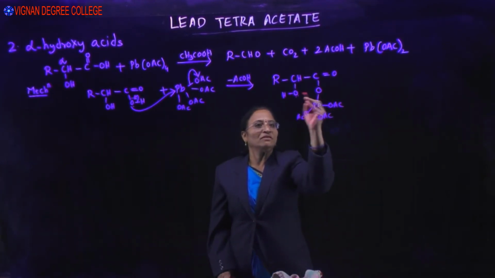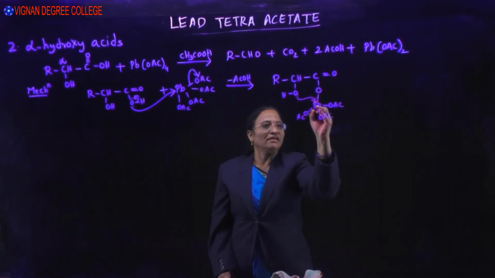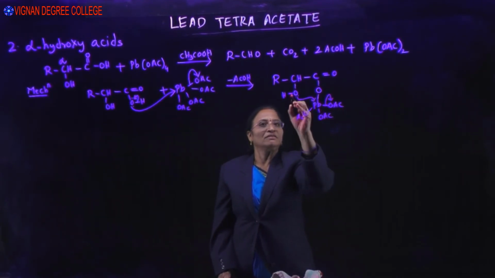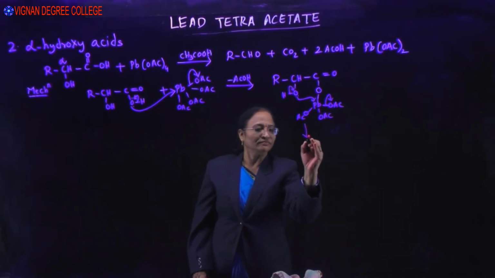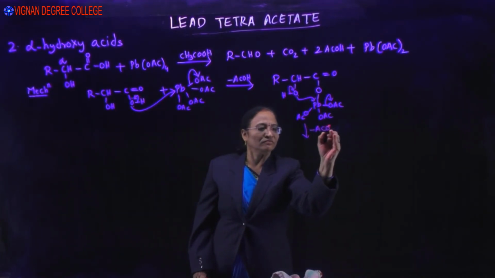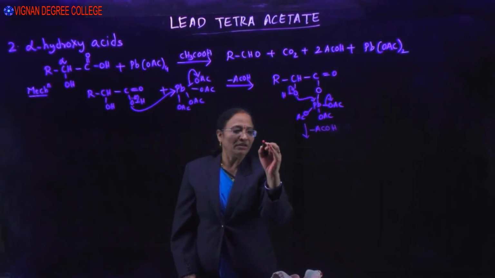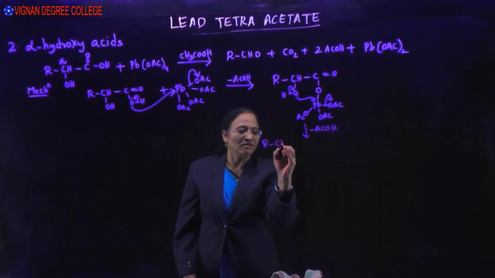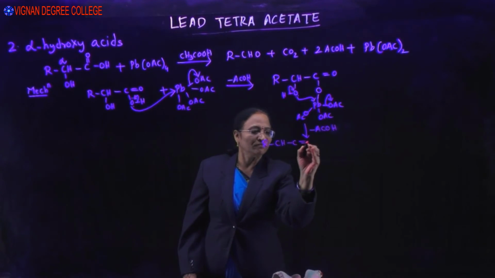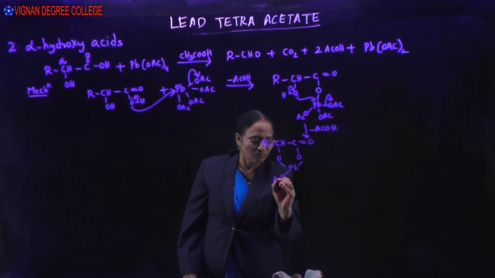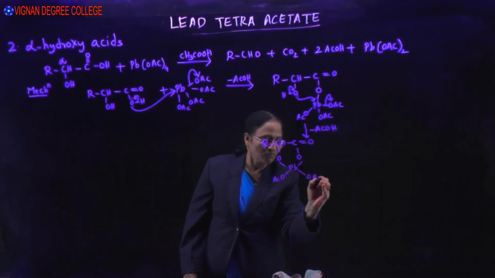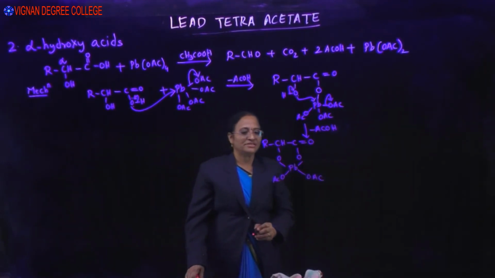So, again this can attack the lead with the elimination of acetic acid, forming a cyclic transition state like this.